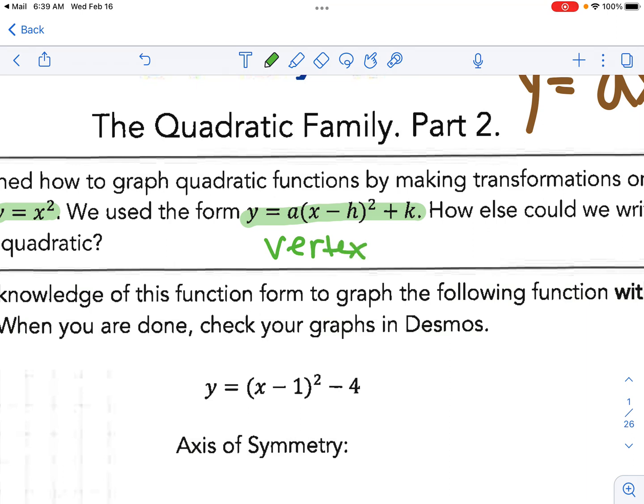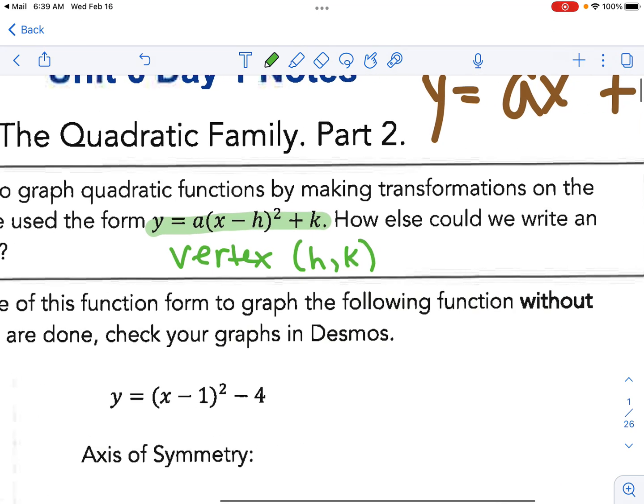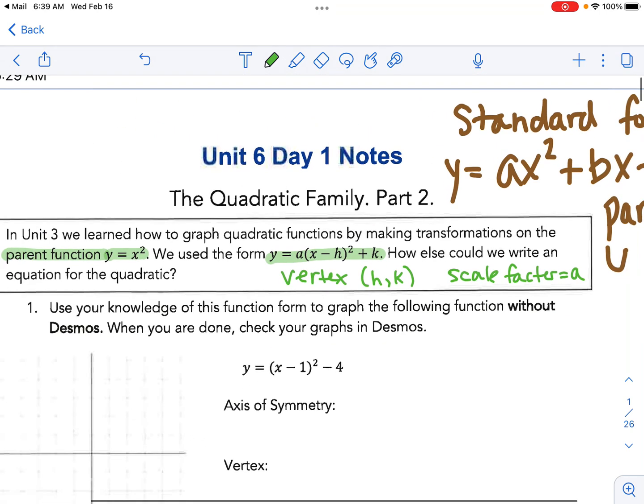And the vertex form had a vertex h comma k, and it had a multiplier a, which we'll call a scale factor, so that a either stretched it or compressed it vertically.